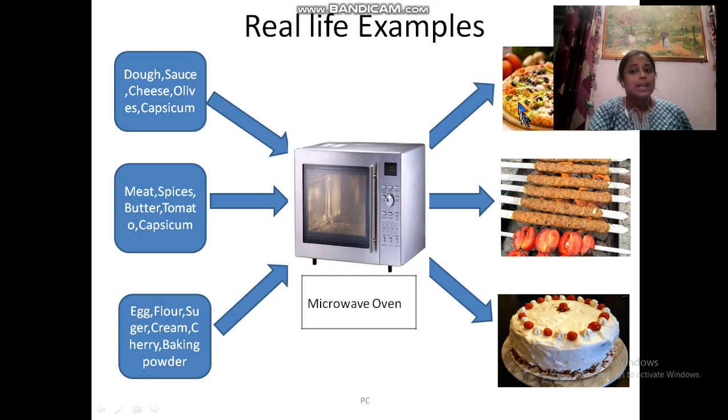It is not only that three dishes can be made. So many dishes can be made. I have given only three examples. A microwave oven can help us make so many dishes with different ingredients. Instead of buying different ovens, we can buy only one microwave oven to make it easier for us.